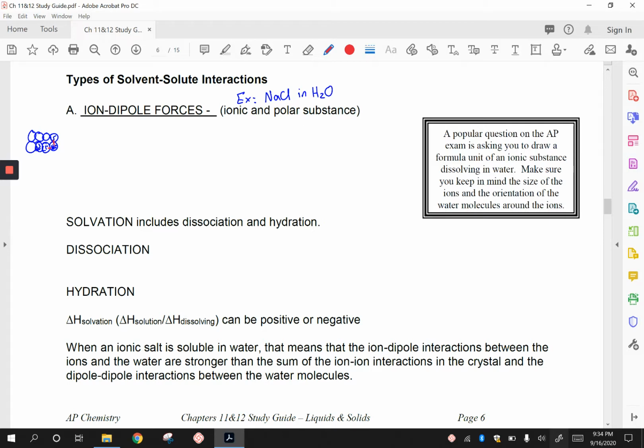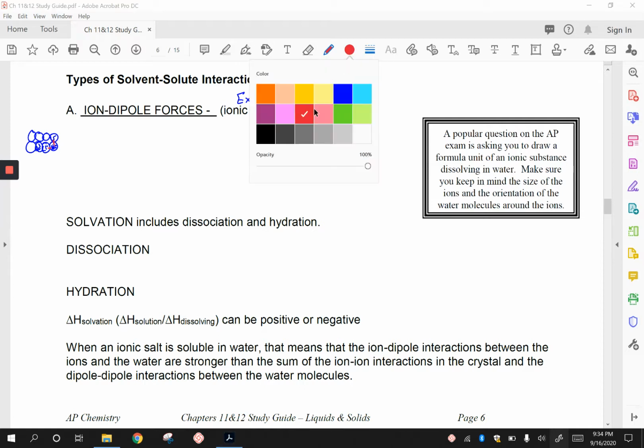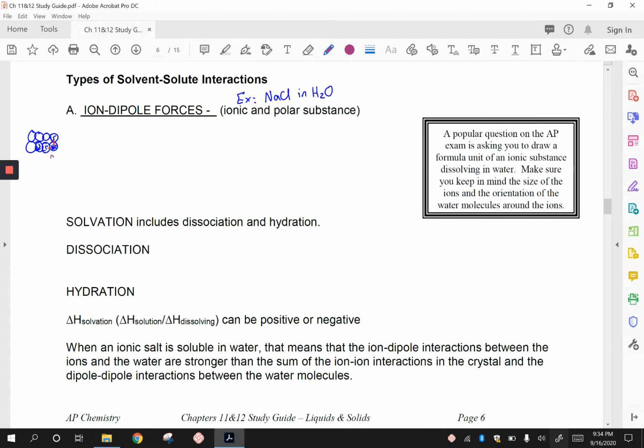Because the sodium ion is positive and the chloride ions are negative. If I take some water, and my water looks like this, right? Where this is the oxygen, these are the hydrogens. Sorry, the oxygen is partially negative, the hydrogens are partially positive.